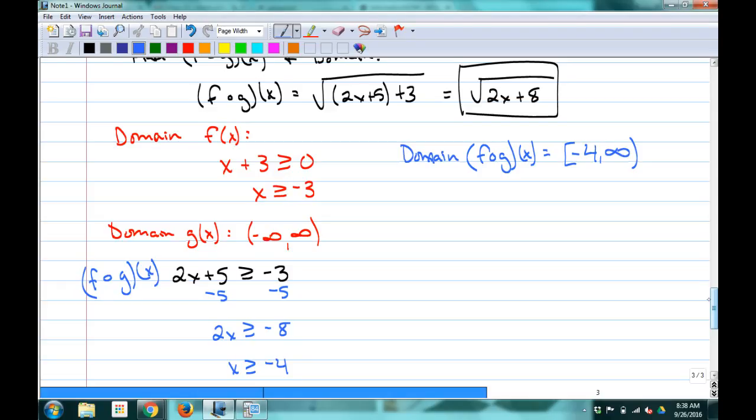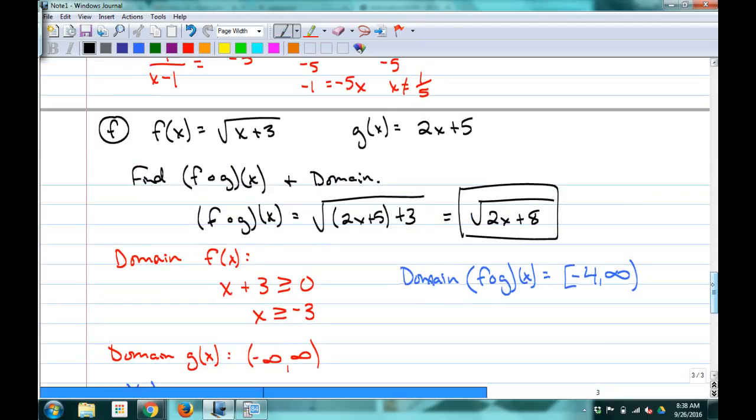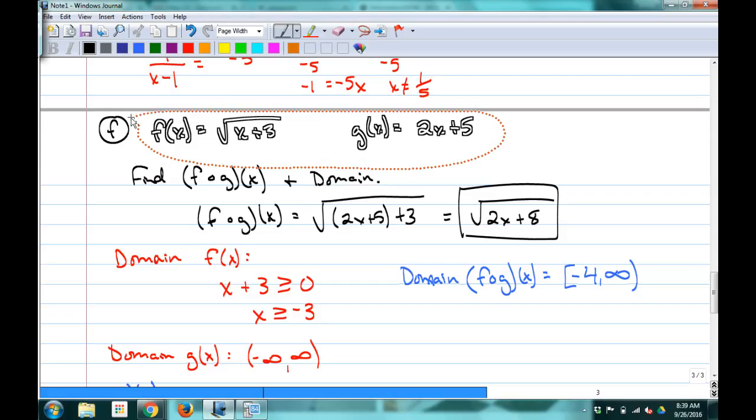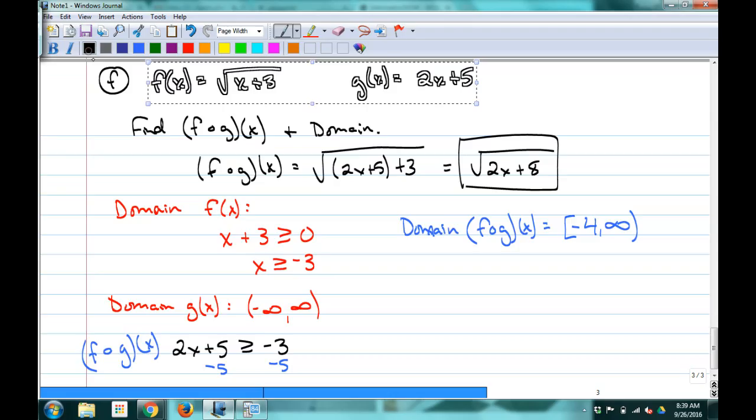All right, let's take that same set of functions, these two here, and let's do the composition the other direction and see how it changes things.